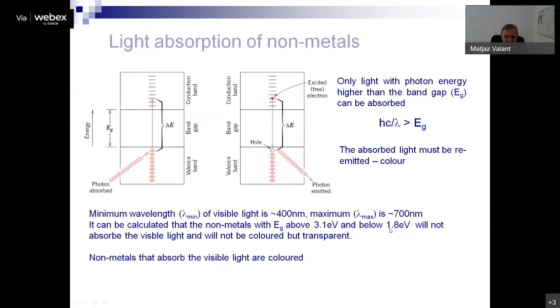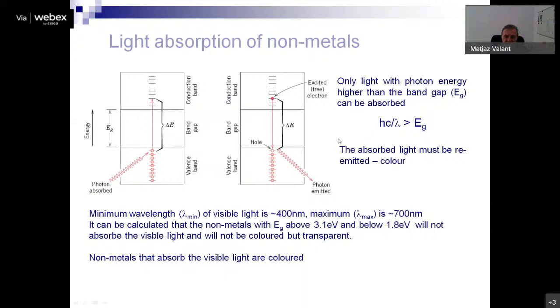So we can see that non-metals with a band gap above 3.11 electron volts cannot absorb visible light. On the other hand, non-metals with a band gap of 1.8 electron volts or less will absorb any kind of visible light. So both will not have color. It will be transparent.